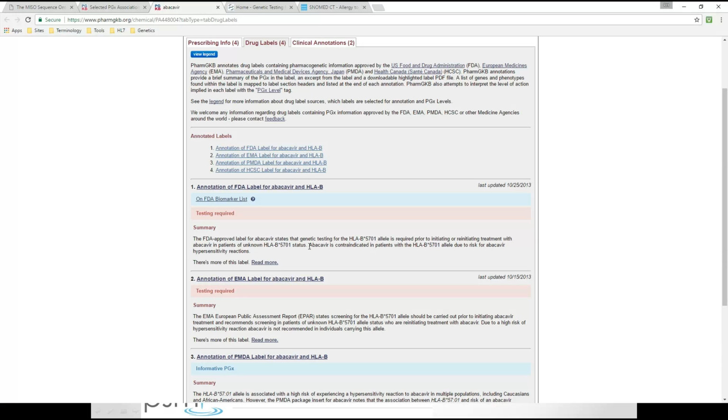So it says, if you know that they have B5701, don't use this drug. And it says, if you don't know whether or not they have B5701, you need to test for it. You need to test for it before administering the drug.